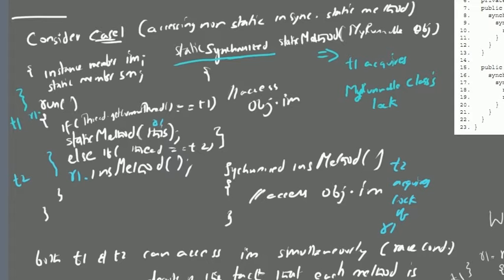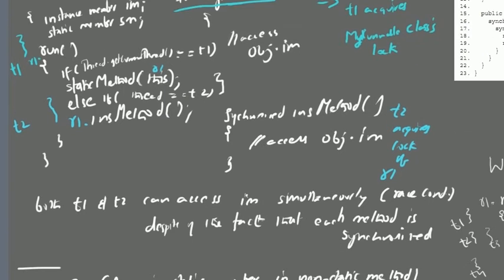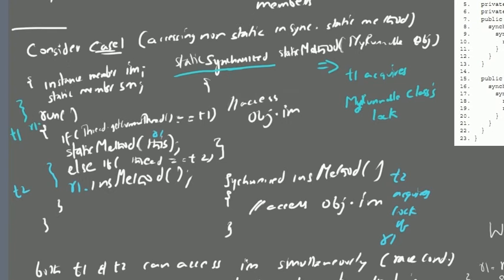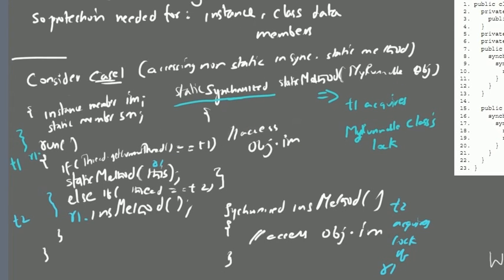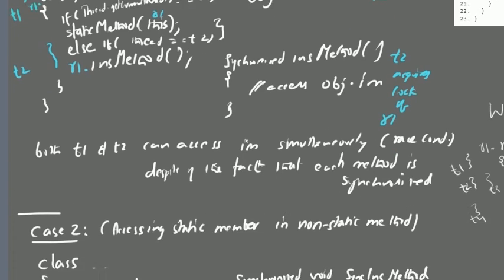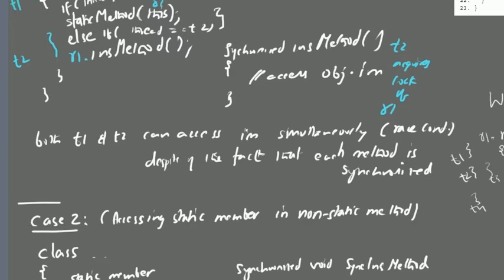which would be modified by T1, T2, and there is what is that called? A race condition. Now both T1 and T2 can access IM simultaneously, so that would be a race condition, despite the fact that each method is synchronized.